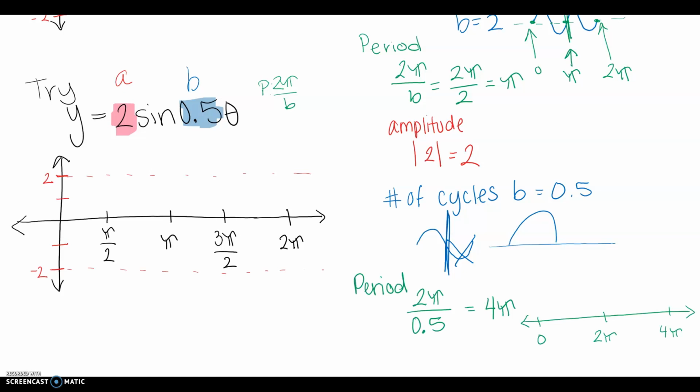The period, 2 pi divided by 0.5 is 4 pi. So between 0 and 2 pi we got just half of 1 right there. And then the rest is here. So it doesn't start repeating until we get to 4 pi. So for our final graph, we start at 0 still.